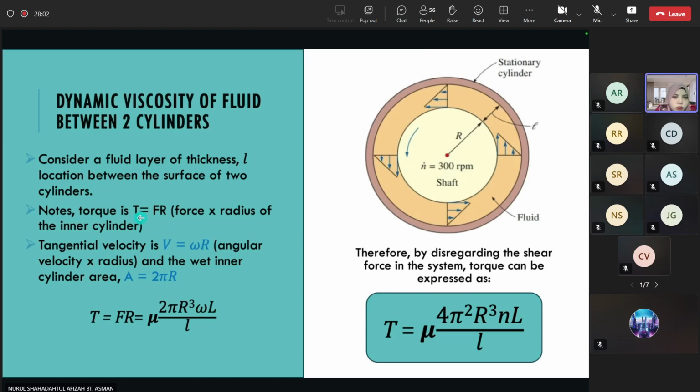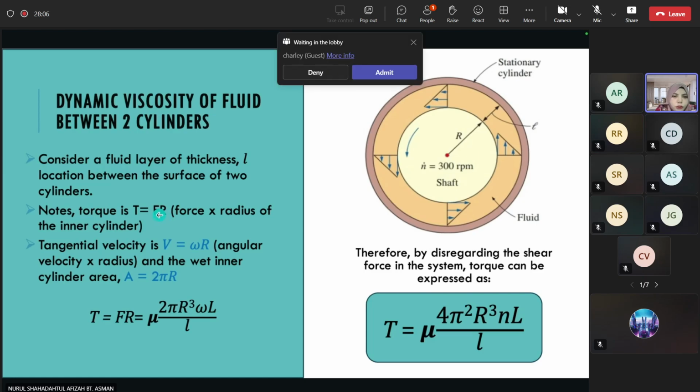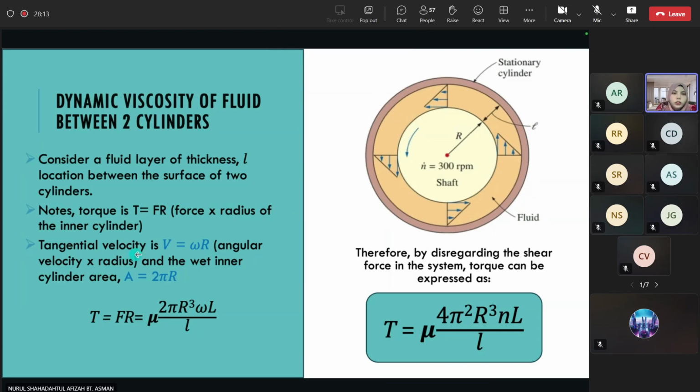So torque is equal to Fr, where F is the force and R is the radius of the inner cylinder. Then tangential velocity V is equal to angular velocity times the radius, and the wetted inner cylinder area is equal to 2 pi R. So I get the formula: torque is equal to Fr.